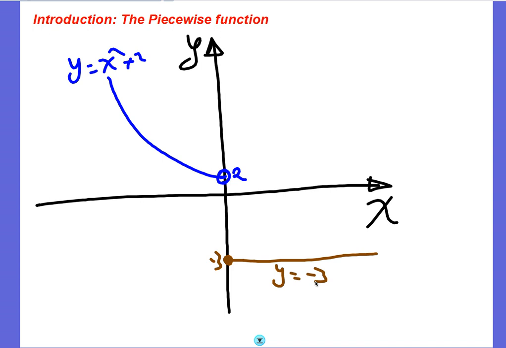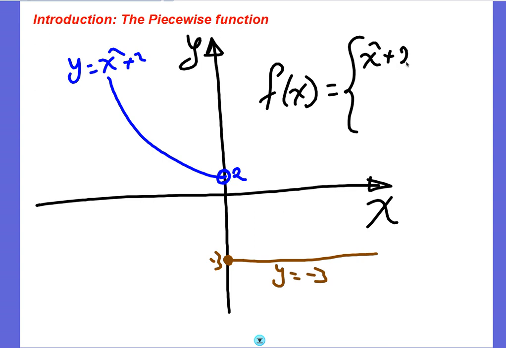We can write this function as f of x equals x squared plus 2 when x is strictly less than 0, and f of x equals negative 3 when x is greater than or equal to 0.